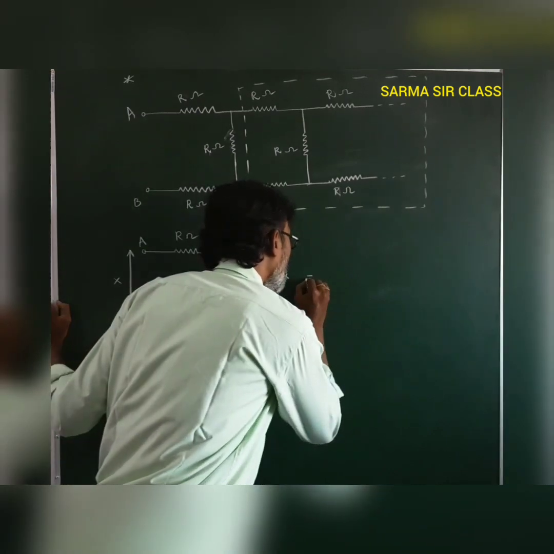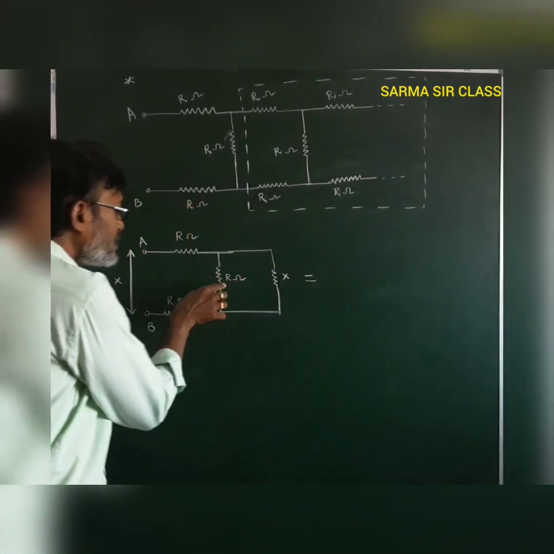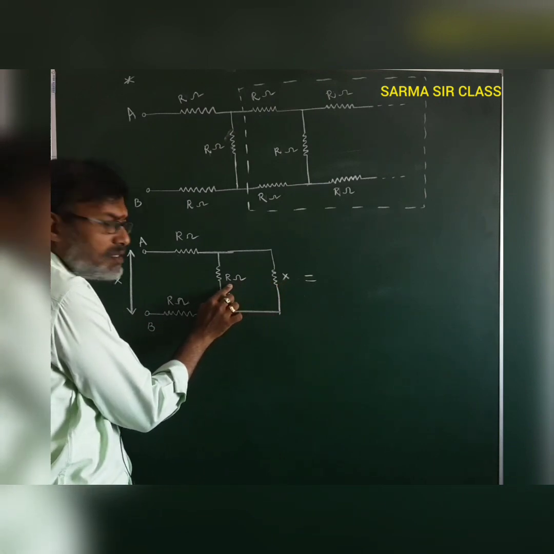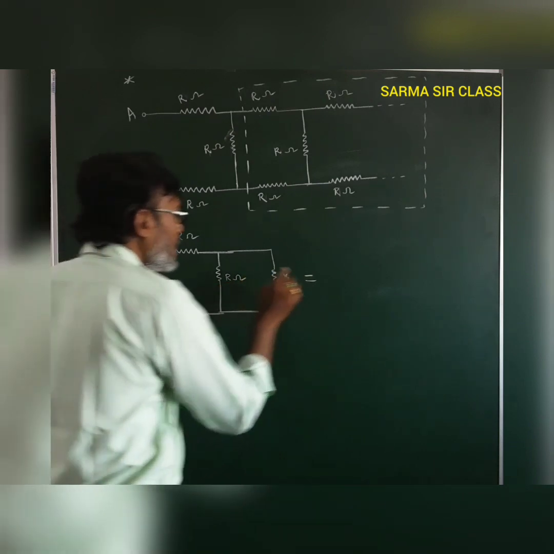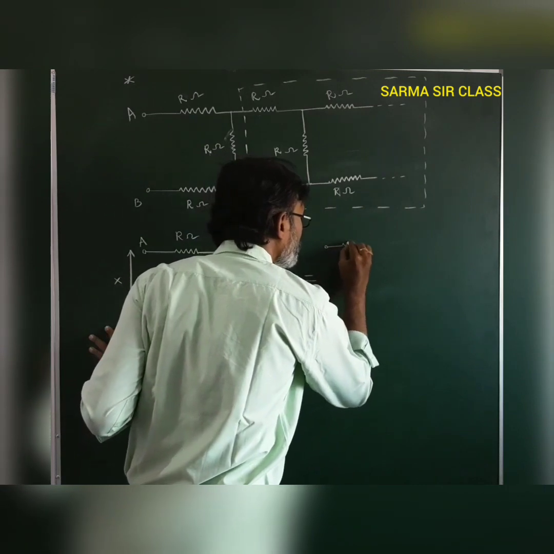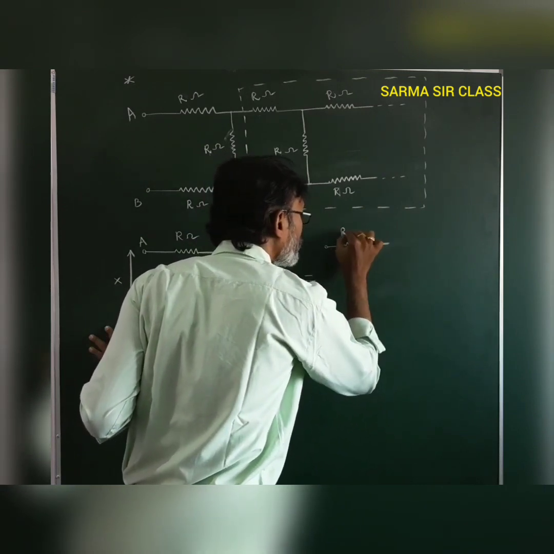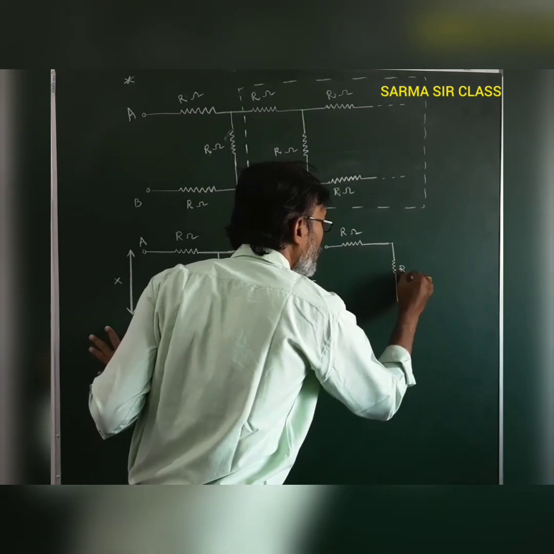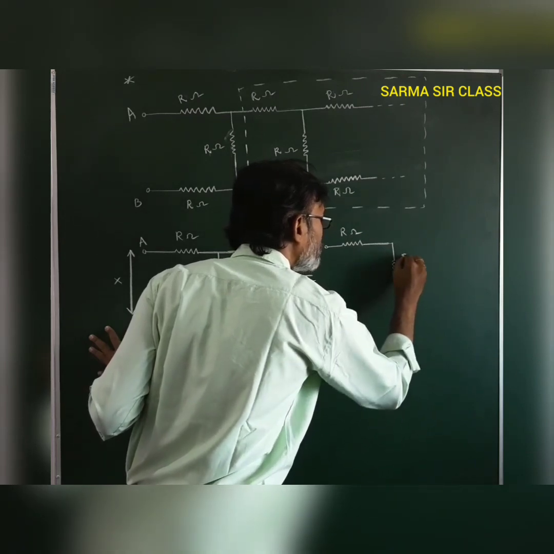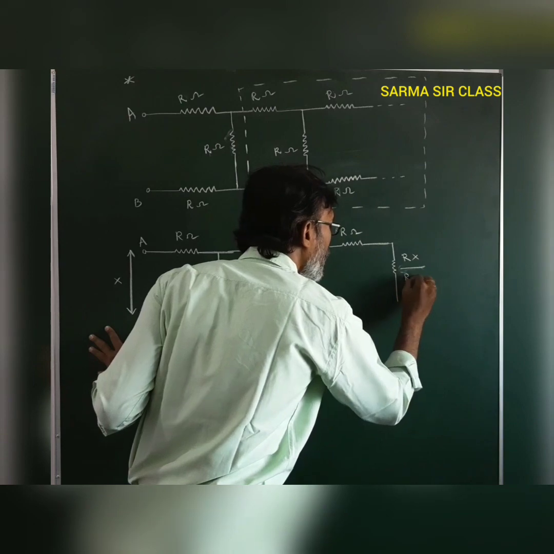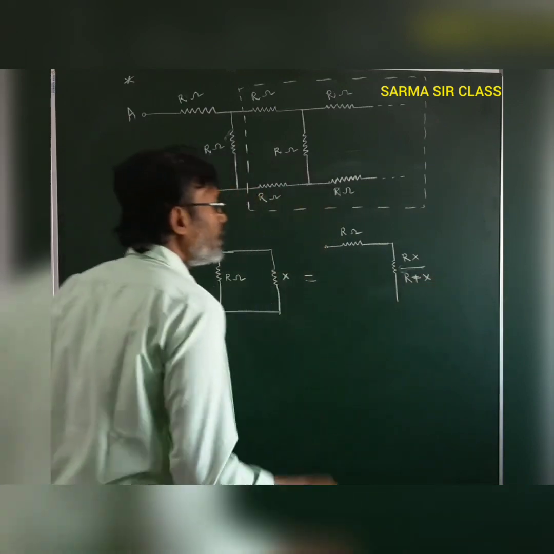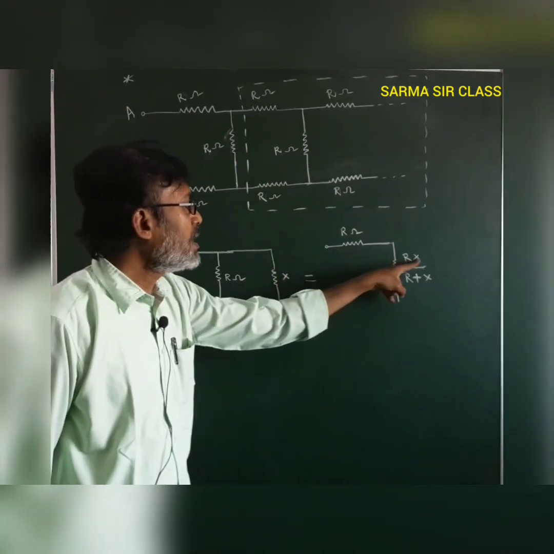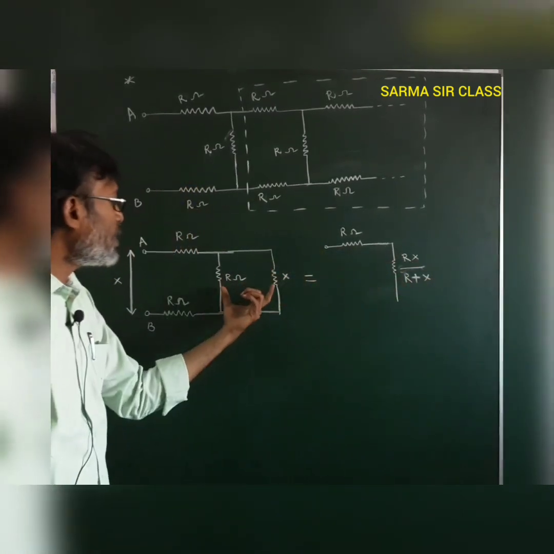Now come to the further part. This R and X are in parallel. So this is R ohm and this is R into X by R plus X, that is R1 R2 by R1 plus R2, because these two are in parallel.